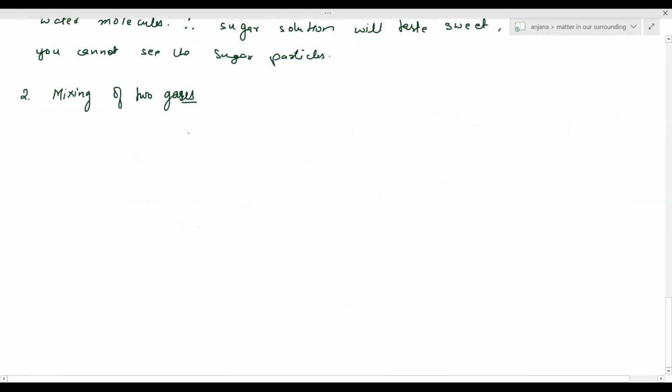Now, I have this kind of container. It's a very long tube-like container, and it is bifurcated, you can say it is divided into two parts.